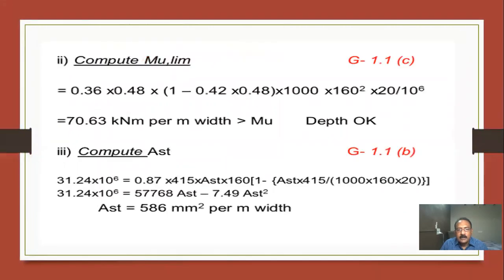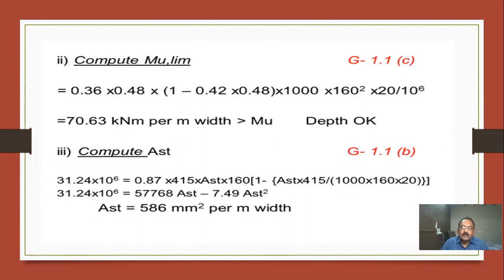Next, we have to calculate Mu limit. What is Mu limit? As you know from the code book, for M20 grade concrete, Xu max is 0.48 d. Mu limit is 0.36 fck b Xu into lever arm, d minus 0.42 Xu, with b equal to 1000 as the width.